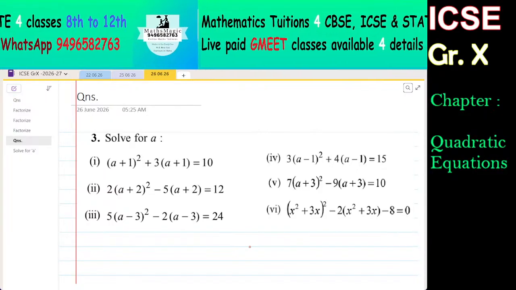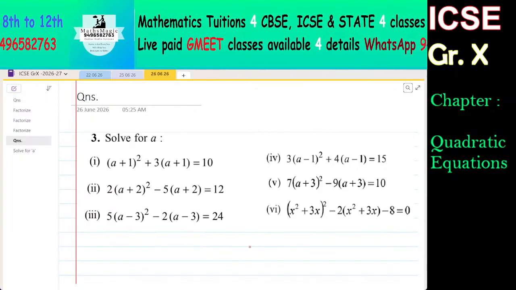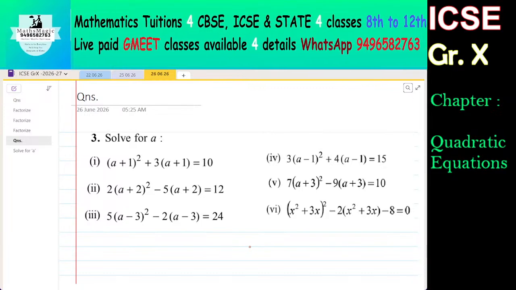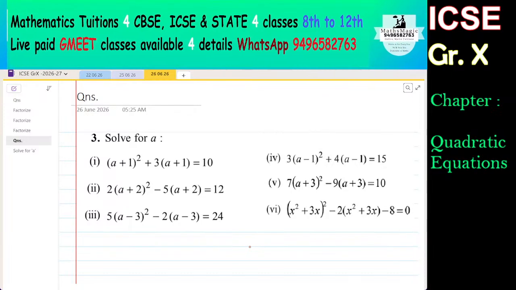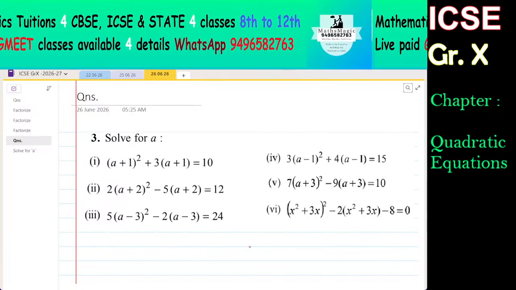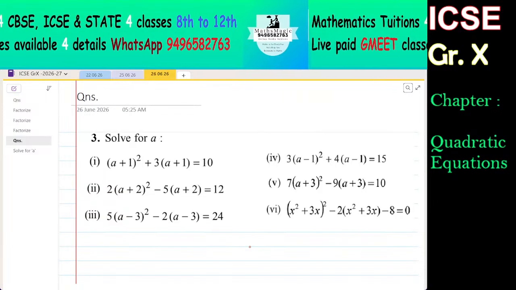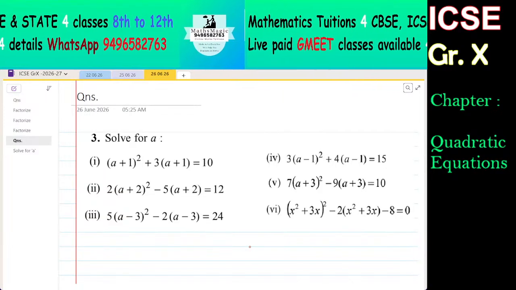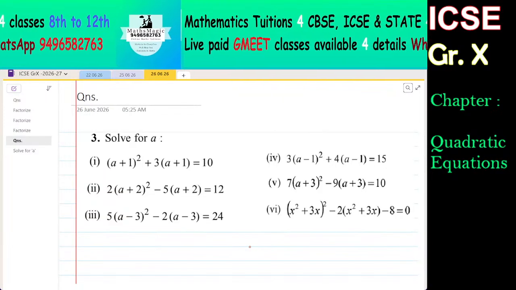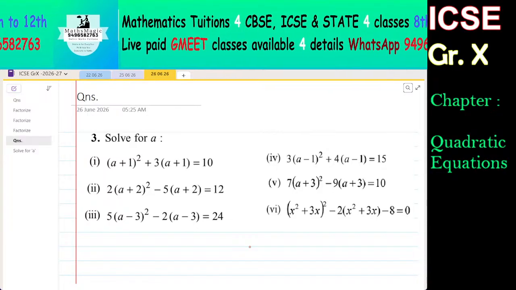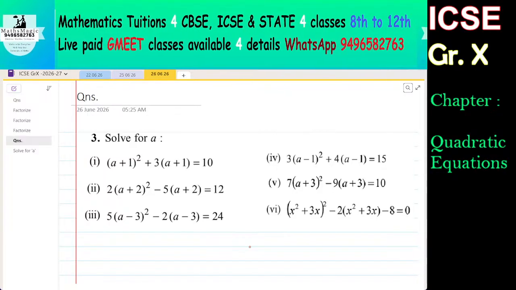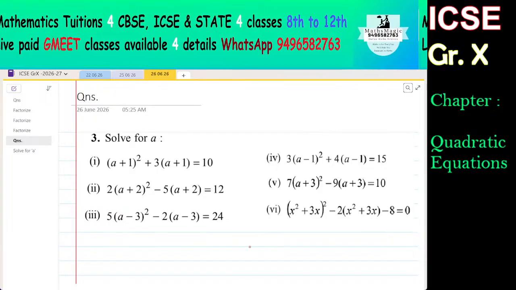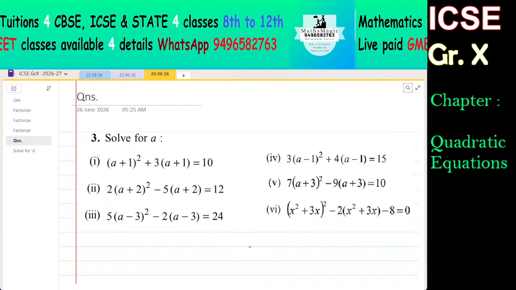So in this case, sum is negative and the product is negative. If the product is negative, obviously we have to consider two numbers with opposite signs. So for that you need to factorize 12 and 2, ignore the signs, take the pairs, and since the sum is negative, give the big number a negative sign. Okay, solve it.